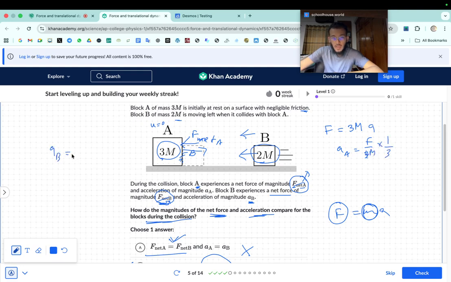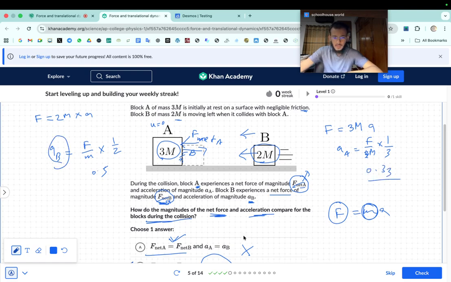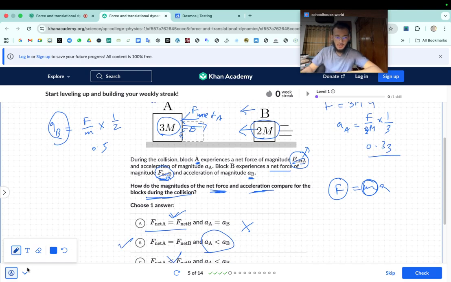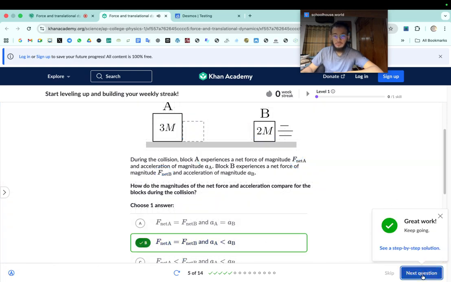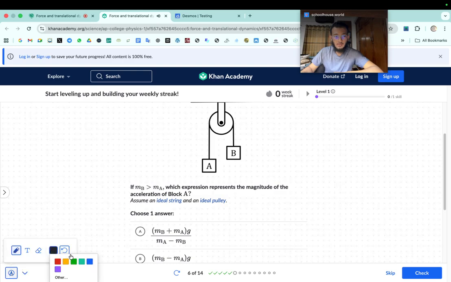For B, we have F equals 2m times a, so a of B would be F by m times half. Which is greater, 0.5 or 0.33? Because 1 by 3 is something like this. Obviously, a of B is greater, and this proves option B. So we can select this safely. There we go. All right, next question.